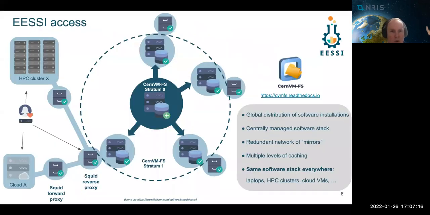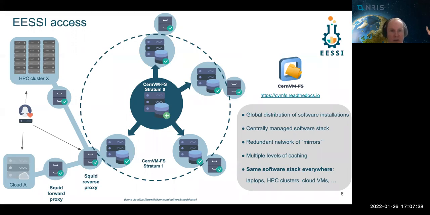Okay, so a little bit more detail on the distribution infrastructure. As said, we use CernVM-FS. In the middle, you see the central server where all the software stacks are stored. And that's the only server where you can add software.